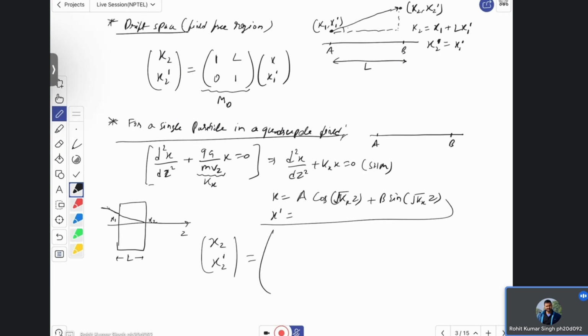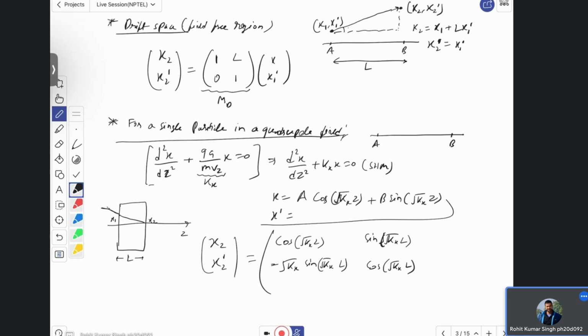So you get this kind of matrix, and here x1, x1 prime.